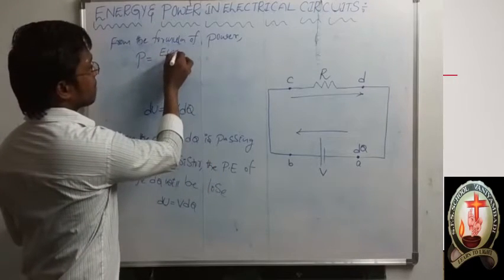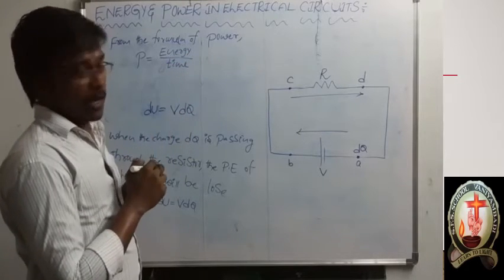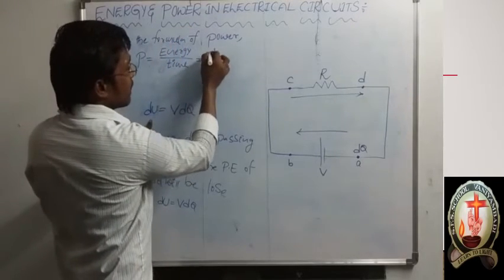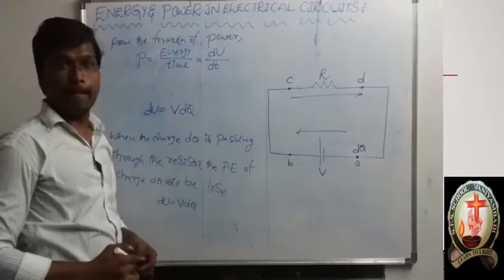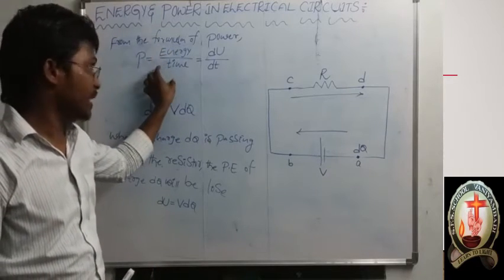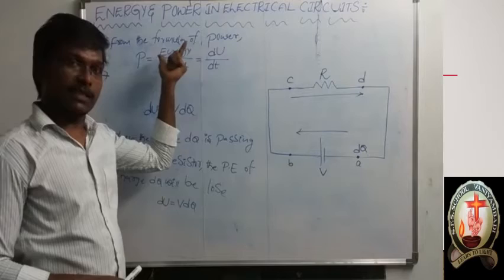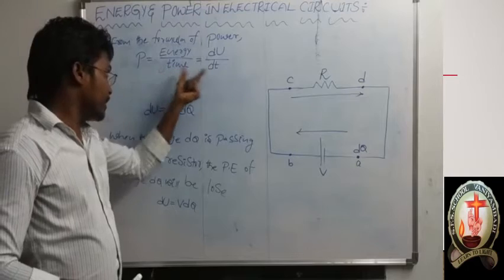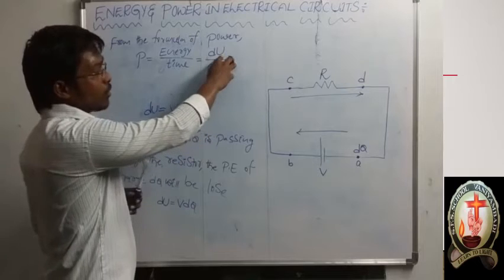Energy by time. Here energy is nothing but potential energy. So in the place of energy I am substituting dU, and time means dt. Remember, the power formula is energy by time. So here P is equal to d by dt of U.